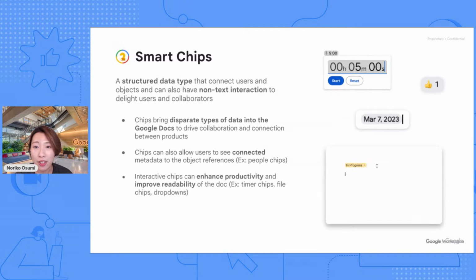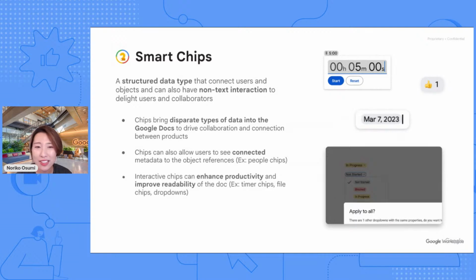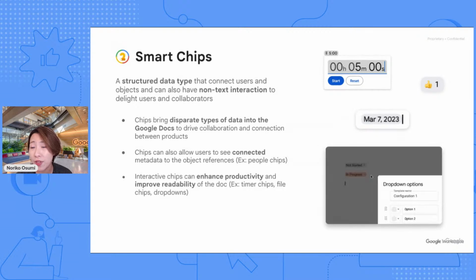That next part of the smart canvas really focuses on what we refer to as smart chips. And with the smart chips, again, hopefully you have started to see some of these things, especially with things like file chips and people chips. Essentially, think of smart chips as a structured data type that will allow users to really connect objects and also have potentially non-text interaction as well.